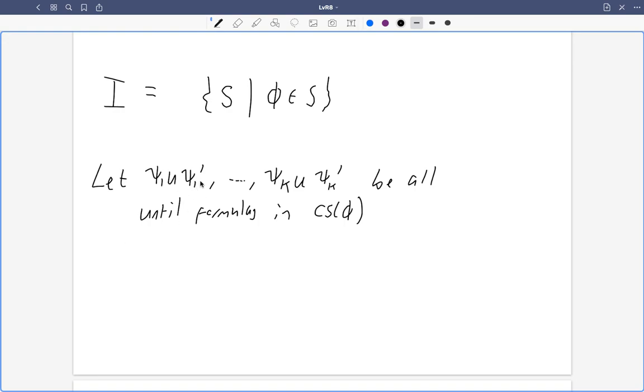Depending on how many different until formulas there are in the set of complemented subformulas of phi, we have that many sets of final states.